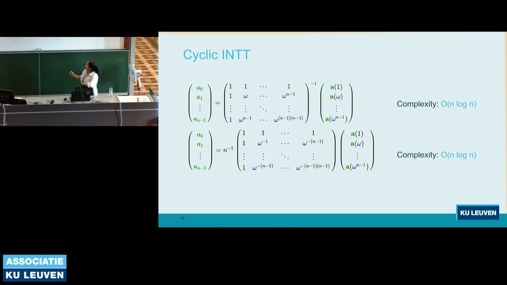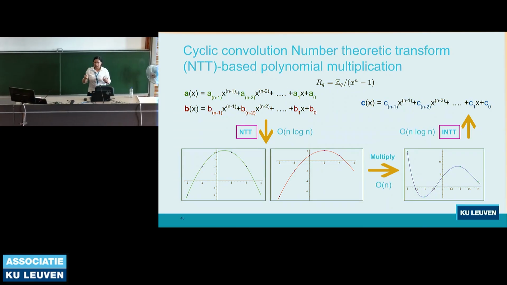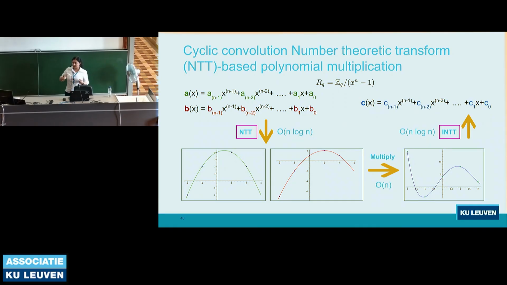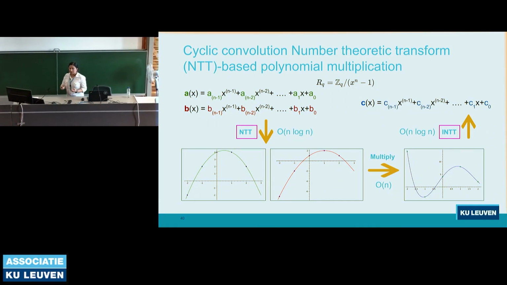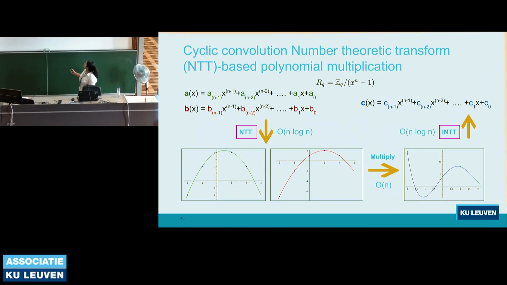For the inverse NTT, I just multiply the inverse matrix with the output of the pointwise multiplication, and then we have to scale down by a factor, and finally we get our results. It's also order of n log n. So our NTT and inverse NTT are order of n log n, and our total polynomial multiplication cost using NTT would be around order of n log n, because this is the largest one.